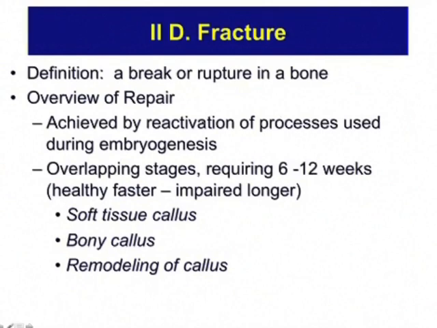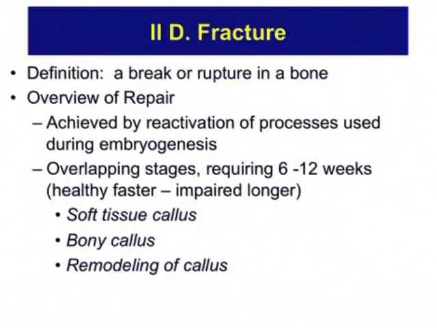You know what fractures are. When a fracture heals, there are different stages to that process. The first thing that happens, you get a hematoma in that place. Blood vessels get disrupted. You're going to have inflammatory cells coming in. That part, we call a soft tissue callus.